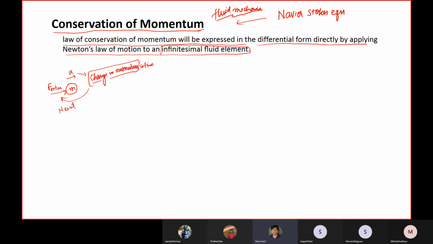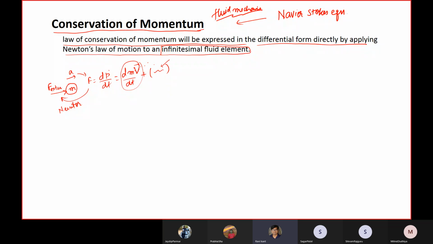Through Newton's law we know this from our basic courses. But here in fluid mechanics, not only F is equal to dp by dt, or d(mv) by dt, where v is your velocity, not only this term is sitting over there, but there is an additional term sitting over here.